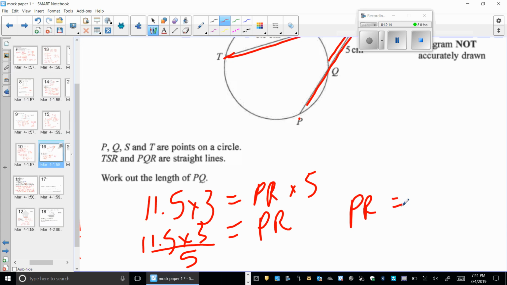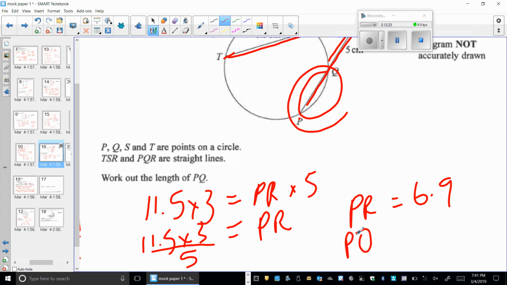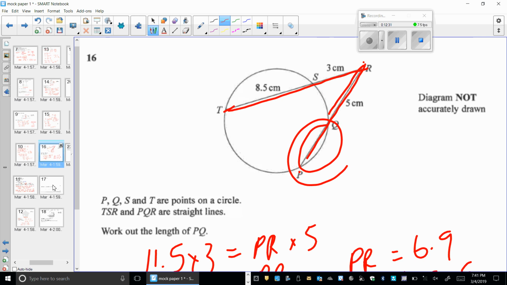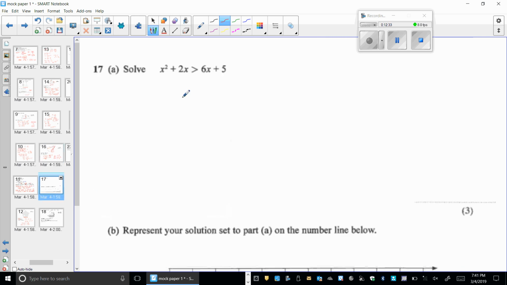So PR is 6.9, that's the whole length. So that little bit here must be 1.9, PQ is 6.9 subtract 5. As I say, that's just one of those rules on that big sheet I gave you for intersecting chords.